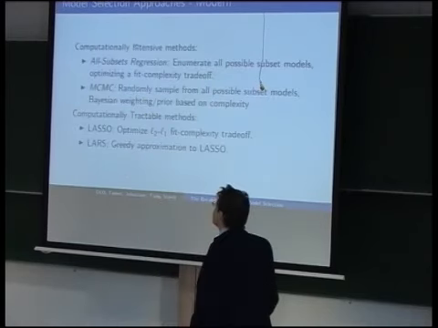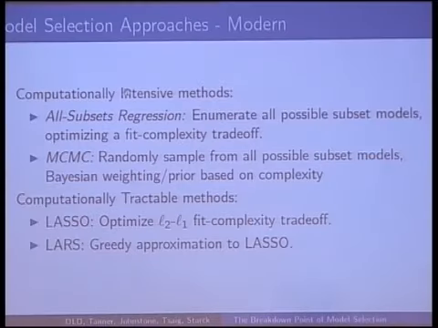Now, there are more computationally intensive methods. For a long time, people have known that you could enumerate all possible subset models and optimize some trade-off between fit and complexity. And coming out of statistical physics, there are ideas that you could randomly sample from all possible subset models using a kind of Bayesian prior that's perhaps based on complexity.